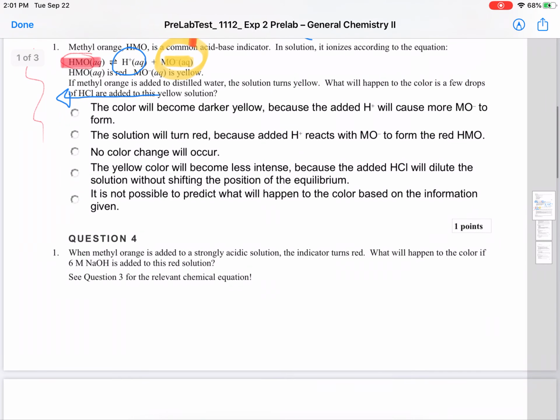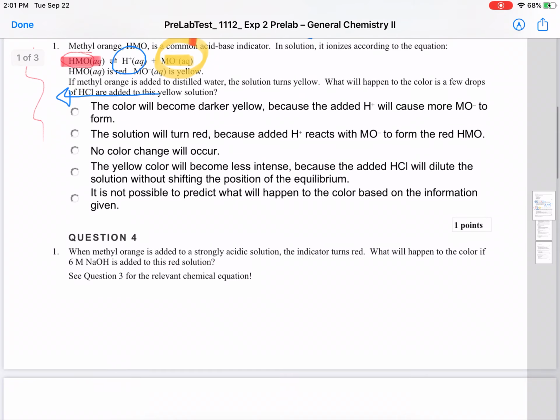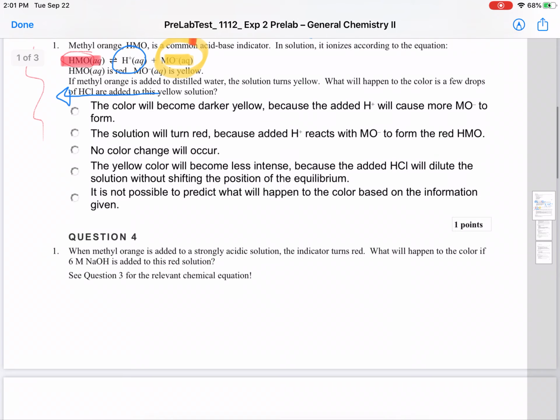When you add sodium hydroxide, what do you think? We are adding a base, hydroxide ions. What are our choices?